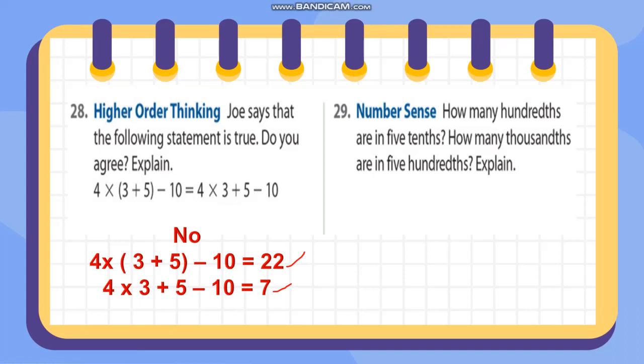Next, number 29. How many hundredths are in 5 tenths, and how many thousandths are in 5 hundredths? Explain.